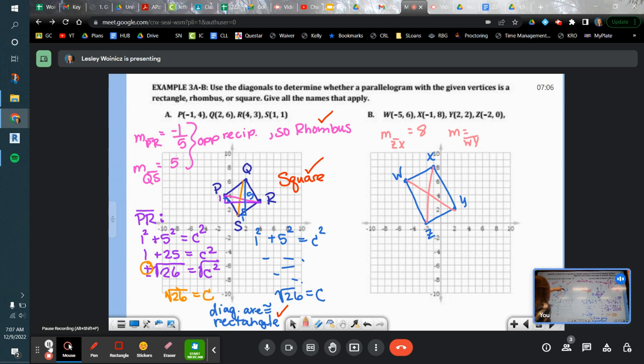So that looks like it's going down 4 and right 7. Okay, so this one is -4/7. So those are obviously not opposite reciprocals, so this is not a rhombus.